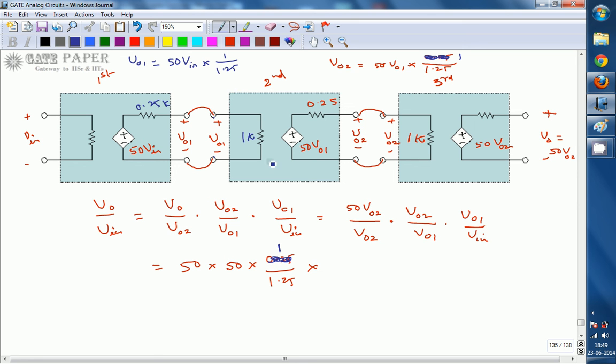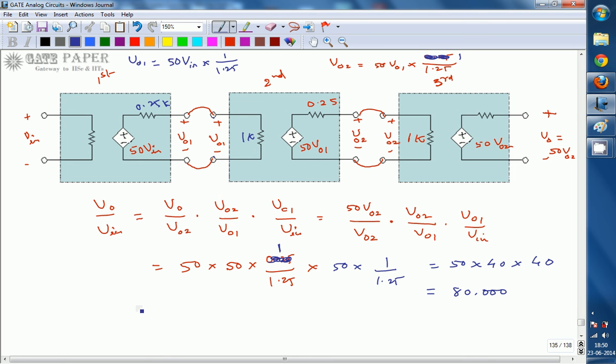So V01 by V input is nothing but 50 times of 1 divided by 1.25, which is 40. So this will be entirely equal to 80,000.